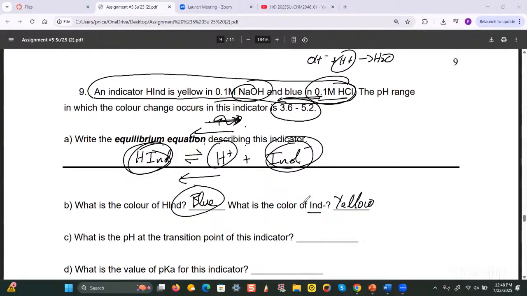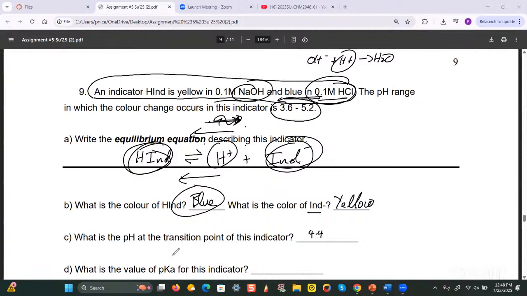So what's the middle of that range? How would you get that number? You add and divide by 2. So if you add 3.6 plus 5.2 divided by 2, you're going to get 4.4. All right? So that would be the pH at that point.